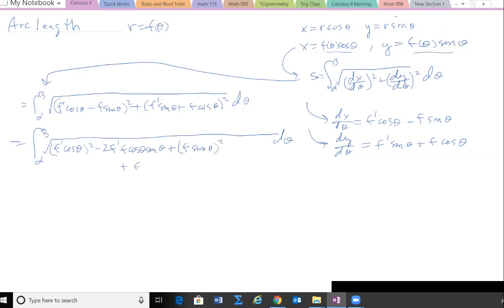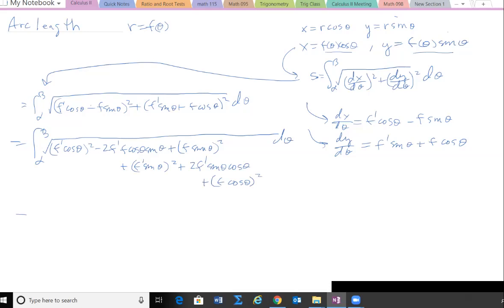Plus, we got f prime sine theta squared. And we got plus 2 f prime f sine theta cosine theta. And then plus an f cosine theta quantity squared like that.